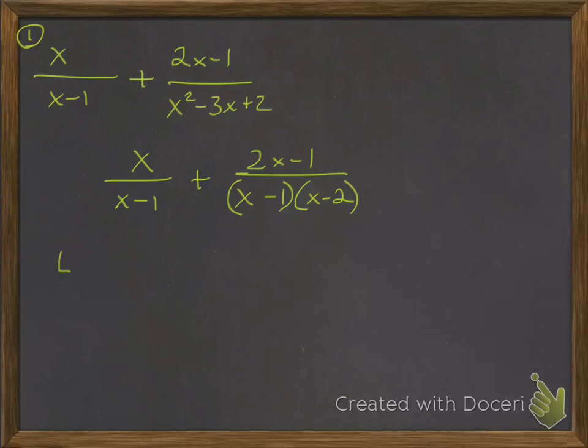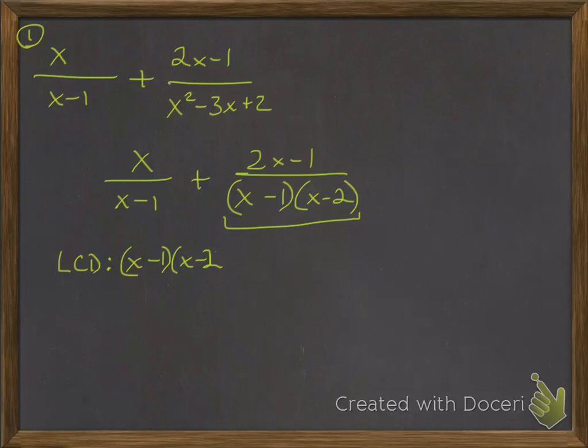Okay, well, my least common denominator is going to be, it's got to have at least the whole thing of one of them, x minus 1 times x minus 2. And this already has the x minus 1, so I don't need to add anything else. This is my least common denominator.